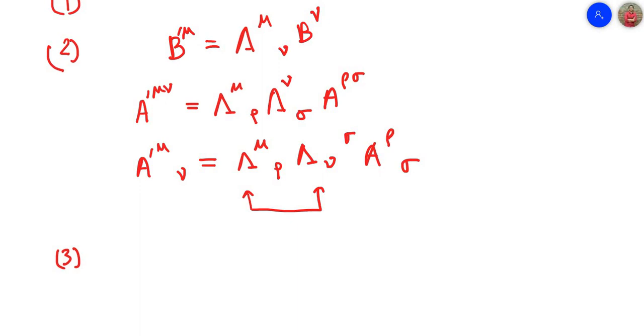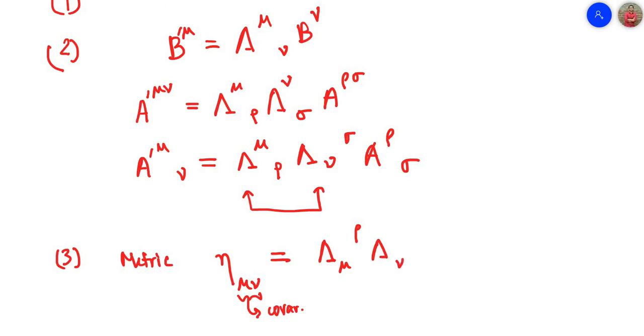So this brings us to the third point, and that is, how does the metric tensor in Minkowski spacetime transform? The metric tensor in Minkowski spacetime is denoted by eta mu nu, and we can write its general components as eta mu nu with 2 covariant indices. And it will transform, as you can speculate, as lambda mu rho, lambda nu sigma, eta rho sigma.